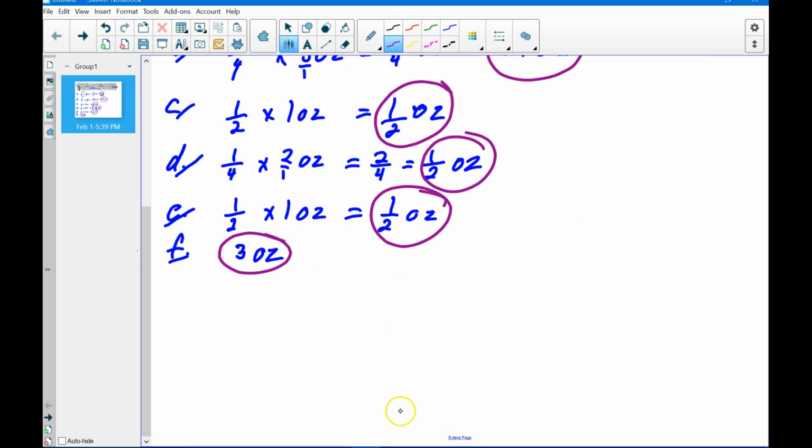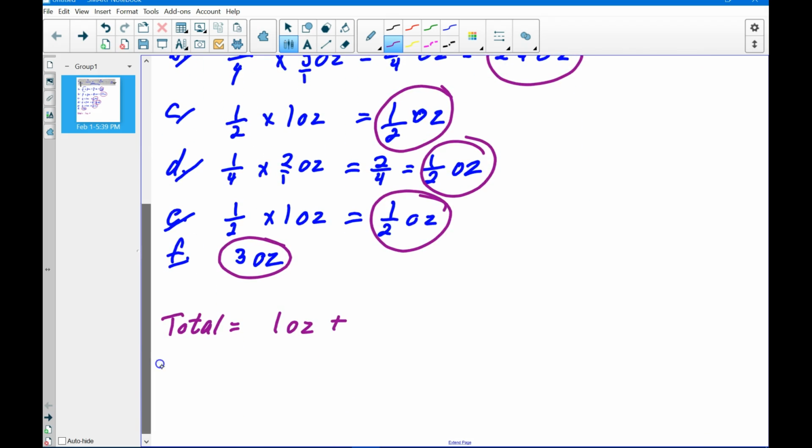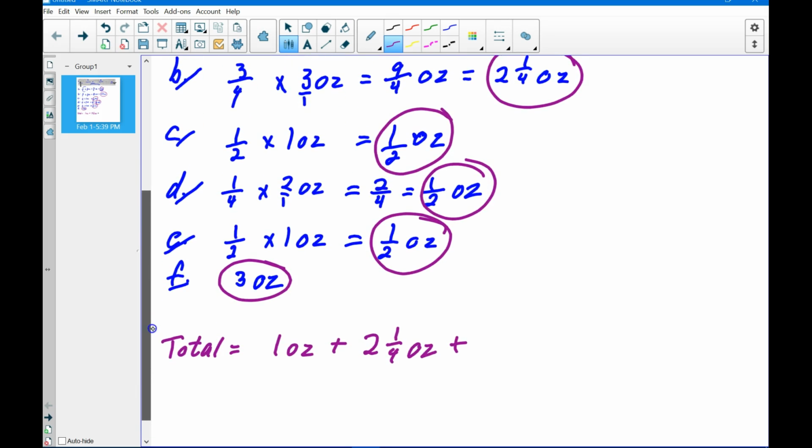So down here, total equals 1 ounce plus 2 1/4 ounces plus 1/2 ounce plus 1/2 ounce plus 1/2 ounce plus 3 ounces.